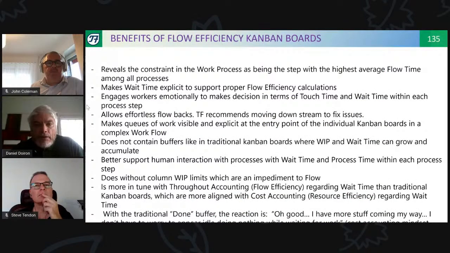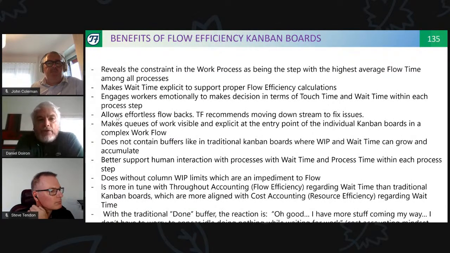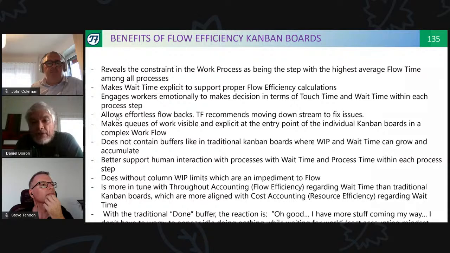Finally, this is the last slide. Yes. So the benefits of flow efficiency Kanban boards: they reveal the constraint in the work process as being the step with the highest average flow time, make wait time explicit to support proper flow efficiency calculations, engage workers emotionally to make decisions in terms of touch time and wait time within each process step, and allow effortless flowbacks.